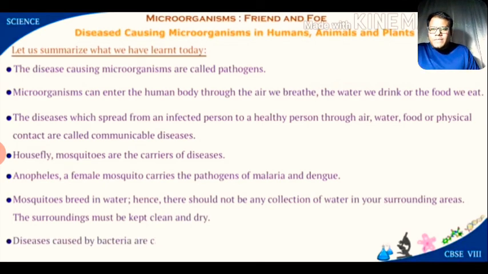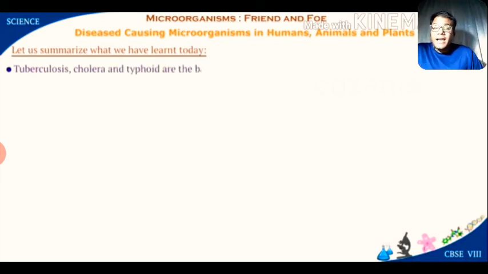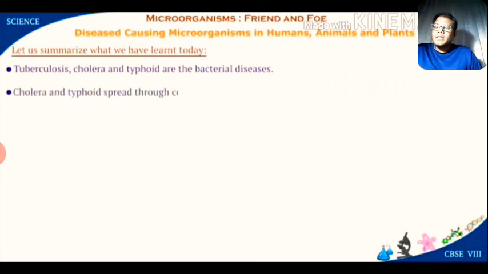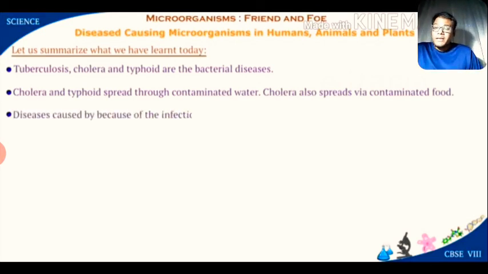Diseases caused by bacteria are called bacterial diseases. Tuberculosis, cholera and typhoid are bacterial diseases. Cholera and typhoid spread through contaminated water. Cholera is also spread via contaminated food. Diseases caused by the infection of viruses are called viral diseases.